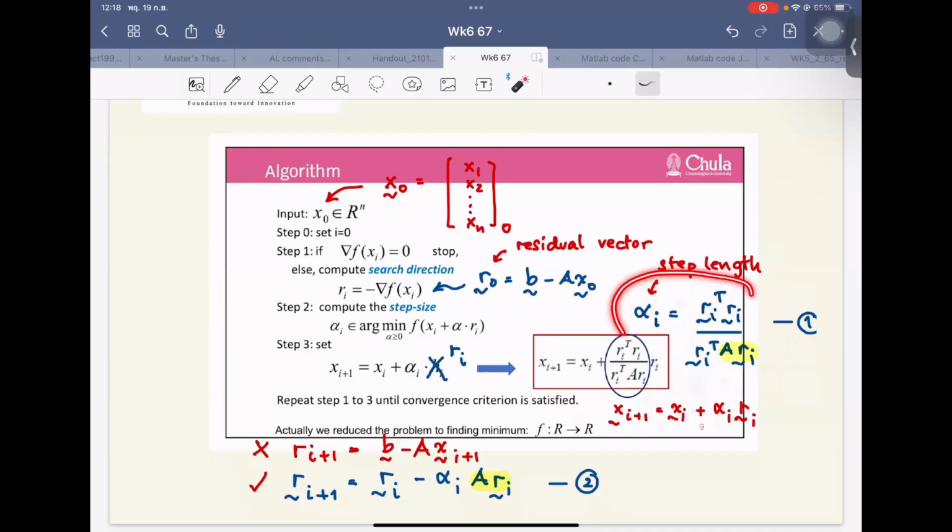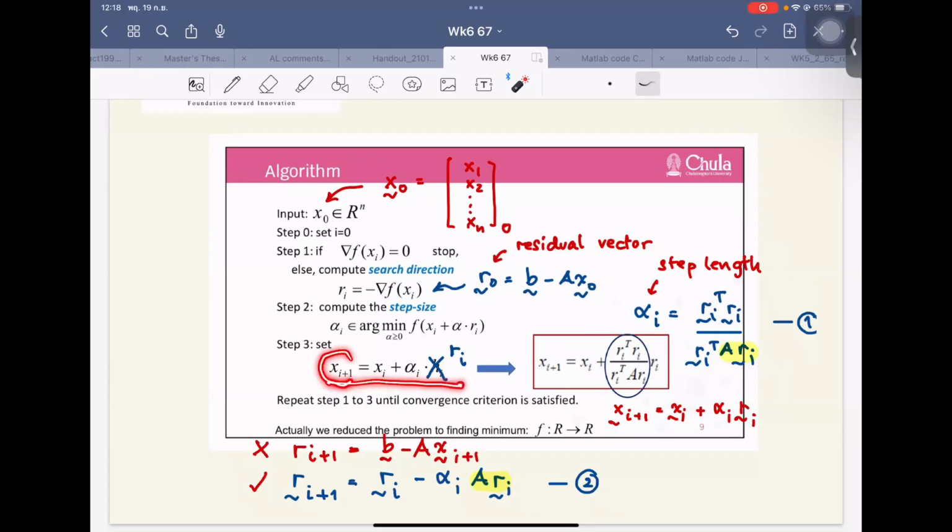There's a proof that with this step length you get the orthogonal direction in the search direction vector. We use the negative gradient, and actually we use the residual. So in step 2, we don't have to compute the step size. Now you can use this formula, and with that, you can update. This is the iteration scheme for steepest descent.